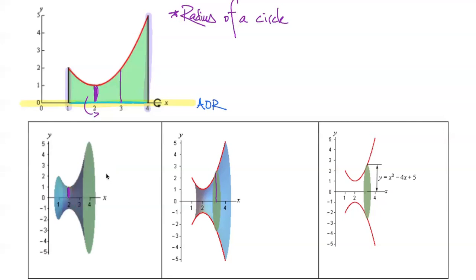And where might there be 2 circles that are the same size? There's a lot of answers to this one. Yeah, it looks like maybe at 1 and 3, those heights look to be the same, which means that the radius of those circles is the same, okay?